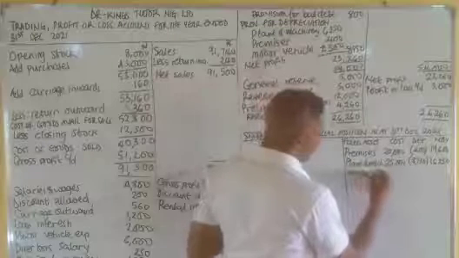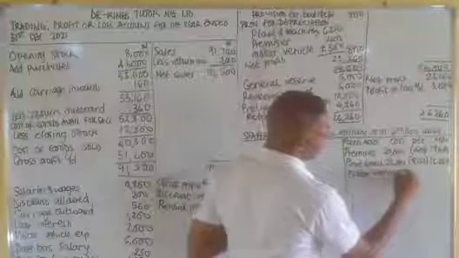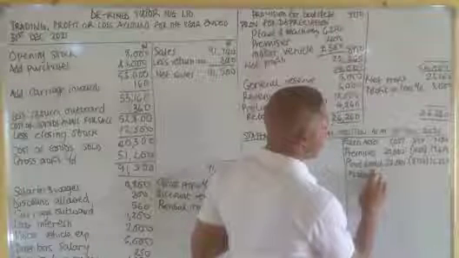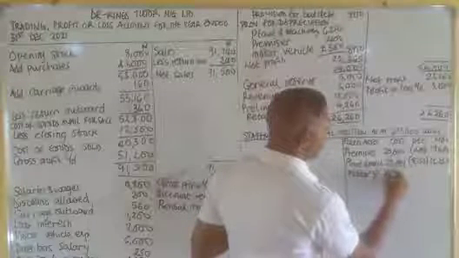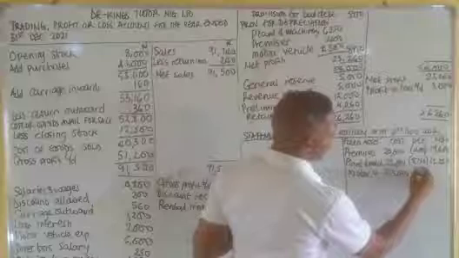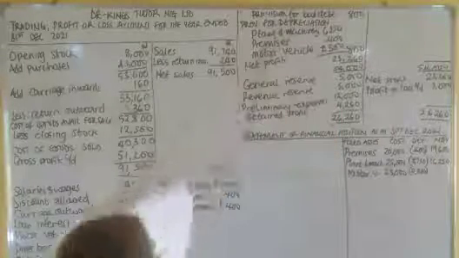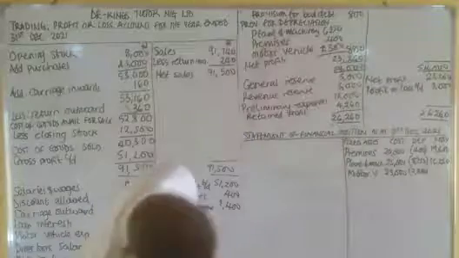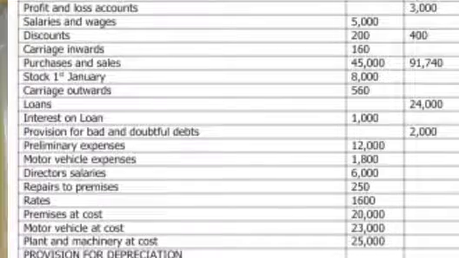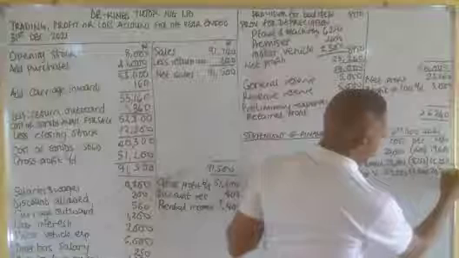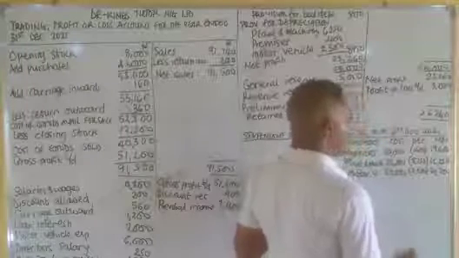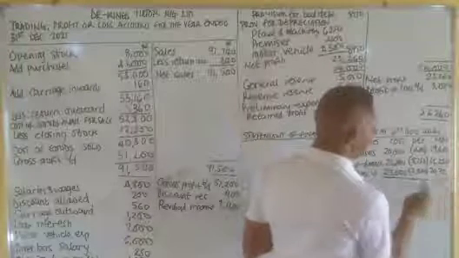So the third one is the motor vehicle. The motor vehicle is 23,000 cost. Depreciation is 2,300. So 23,000 minus 2,300 will give us 20,700. So that's the fixed asset.